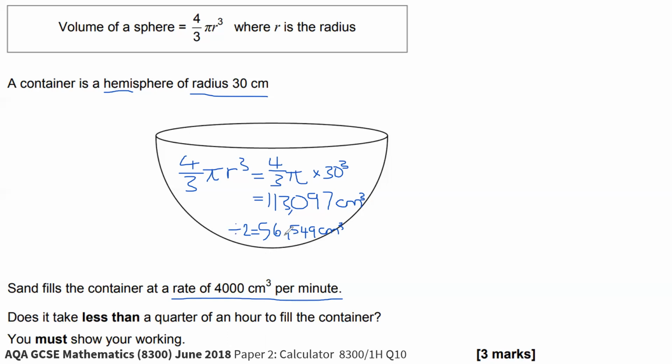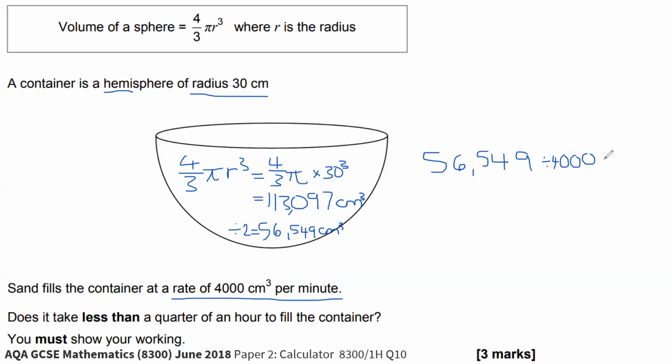So now we've worked out the volume of the hemisphere, and we now need to work out how long it takes the container to fill. So we know that the sand fills the container at a rate of 4,000 cubic centimeters per minute. So in order to work out how long it's going to take in minutes, we need to divide the total volume by the rate, or how many cubic centimeters it can fill per minute.